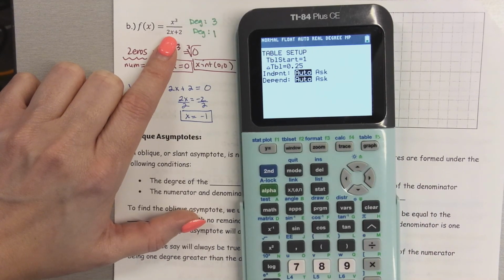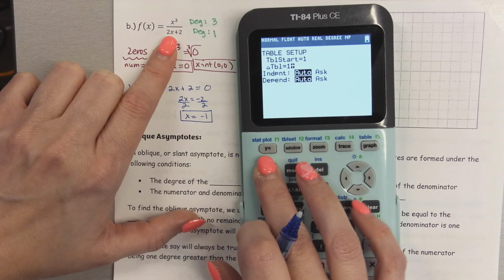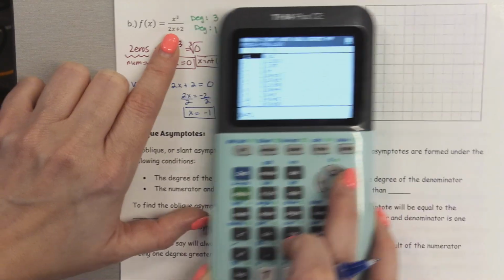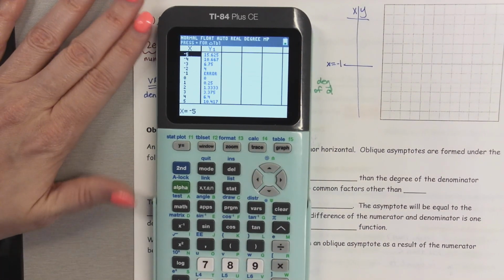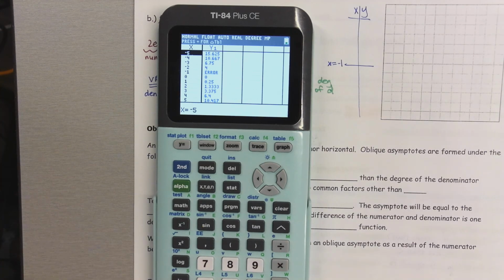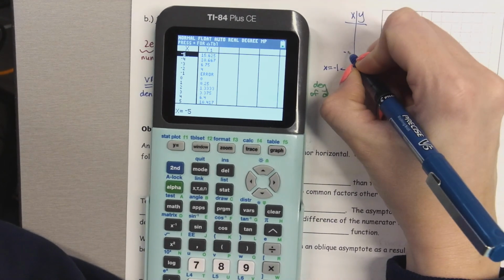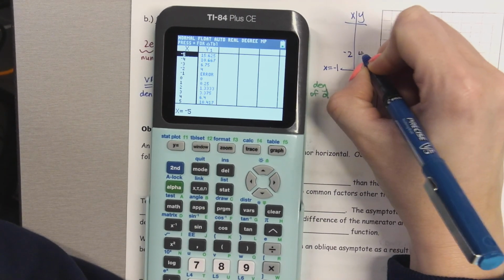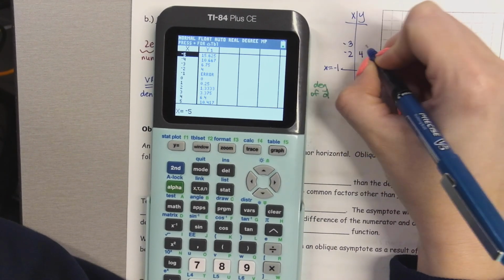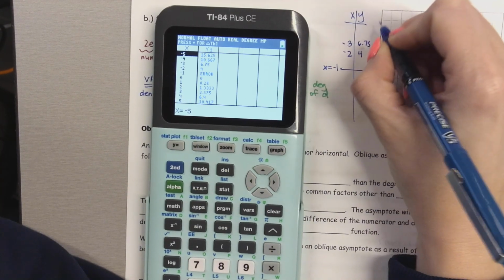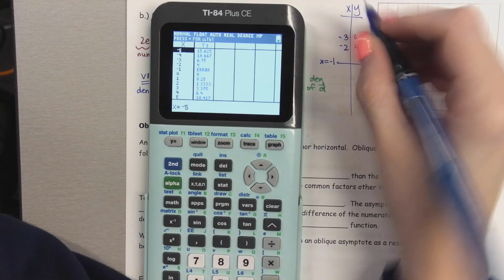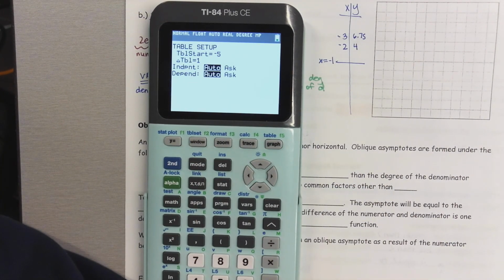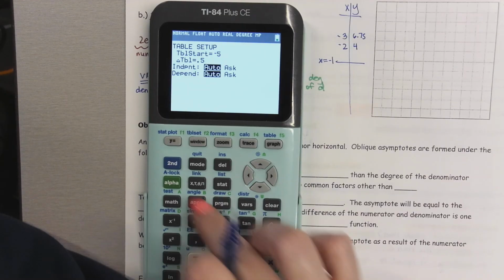And if you want to look at that, it goes by ones first. Okay, so at -1, you should have an error. I like to check that first and make sure I have that. Okay, so at -2, I'm at 4. -3, 6.75. Okay, and then I'm going to go by 0.5s.